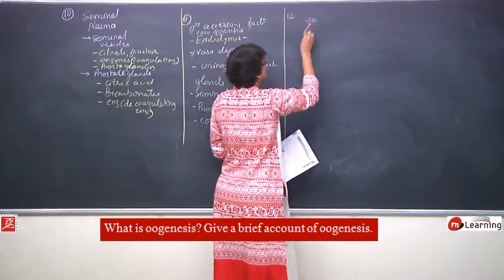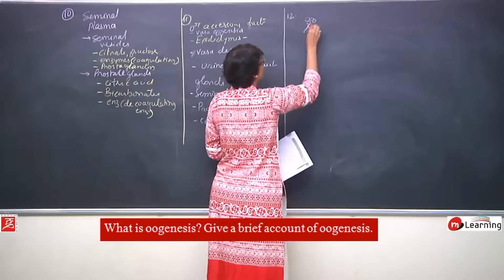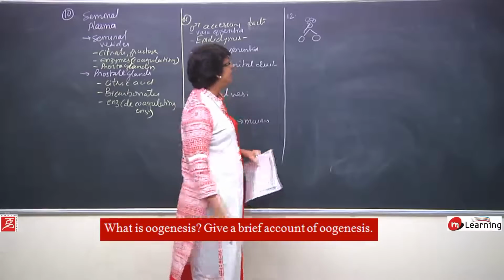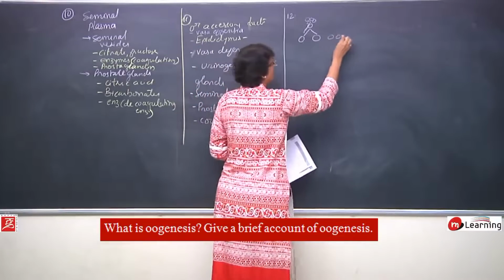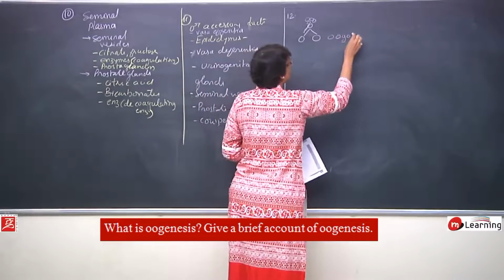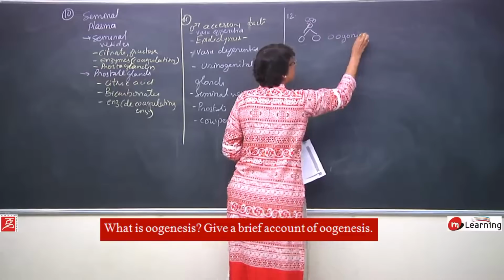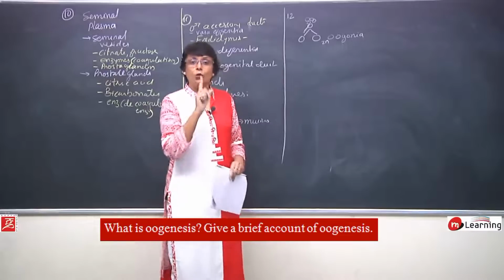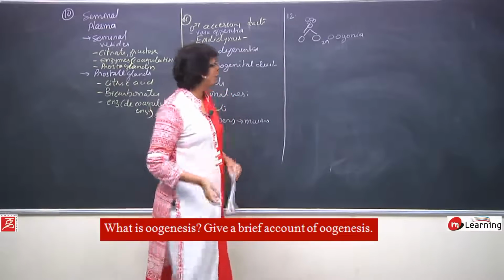The first phase is the multiplication phase. Multiplication is by mitotic divisions, and we get the egg mother cells or oogonia. They are diploid. Every time only one egg is going to be formed.